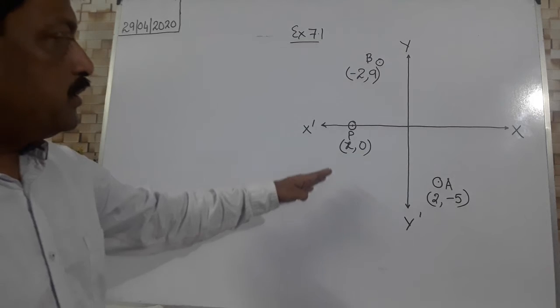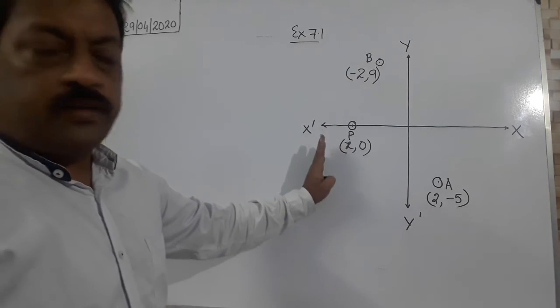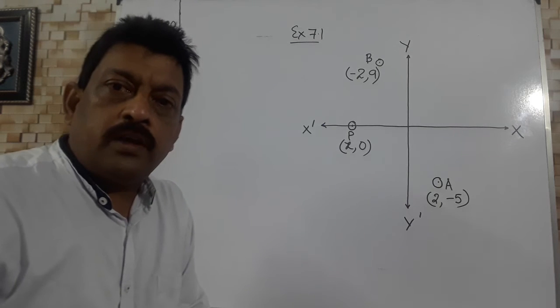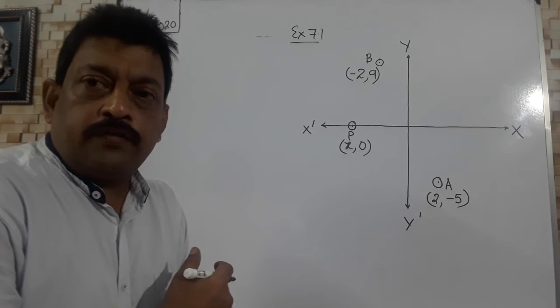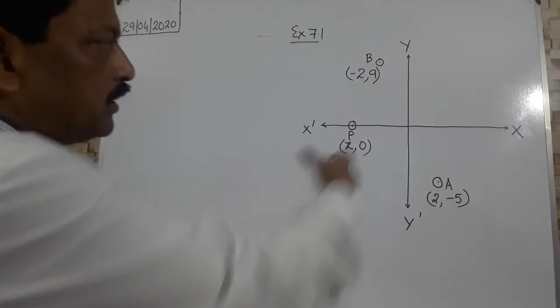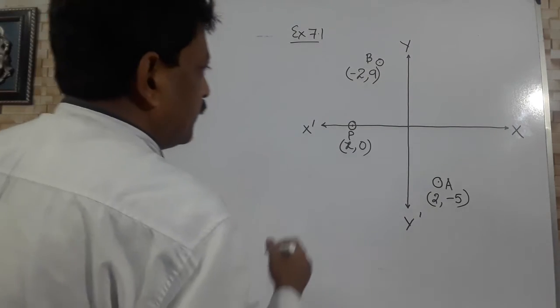Suppose the point is (x, 0), I have taken it here. I can take that side also because we don't know whether it is on the negative side of the x-axis or the positive side. You can take it anywhere on the x-axis.